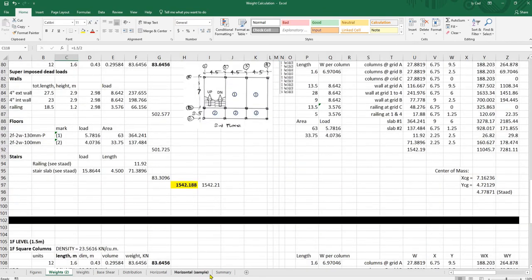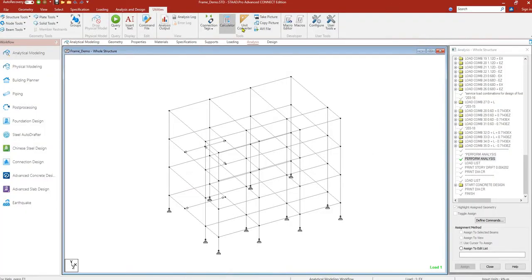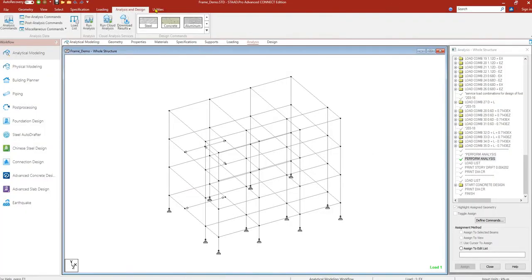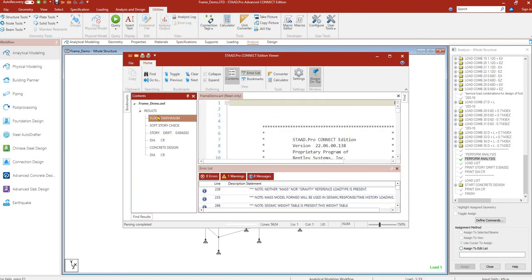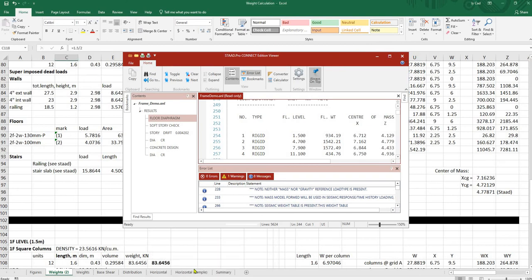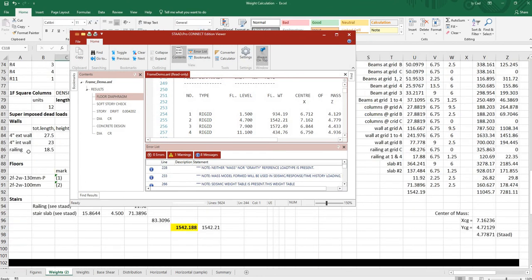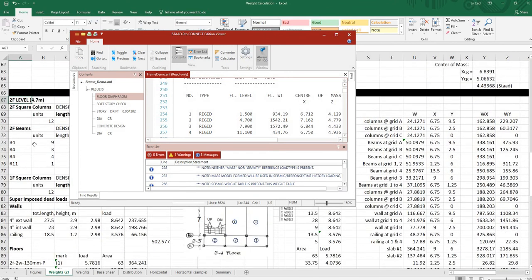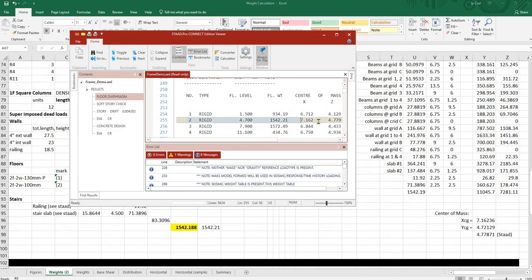Now, let's check if they are the same with stud. Sa second floor, at second floor level, or that is at 4.7 meters, ito yun.